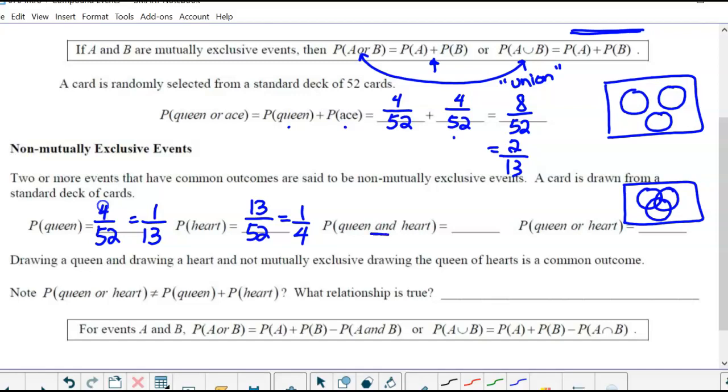And now we use the word and, because we can have a queen that's a heart. In one card, we can get a queen of hearts, okay? We couldn't get a queen and ace together because they are both the value of the card. Now, the heart is the actual suit. So queen and heart. How many are queens and hearts?